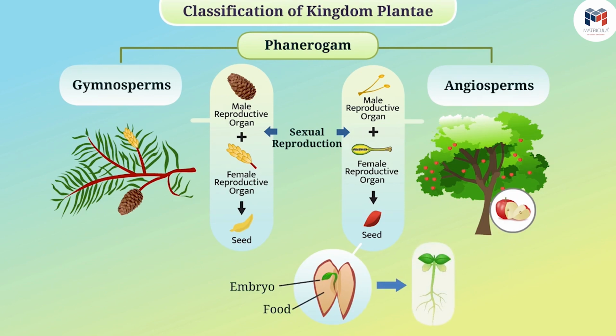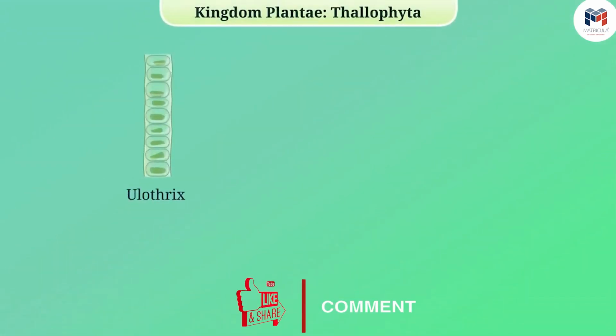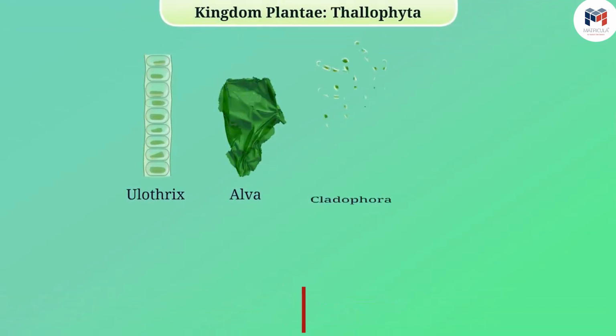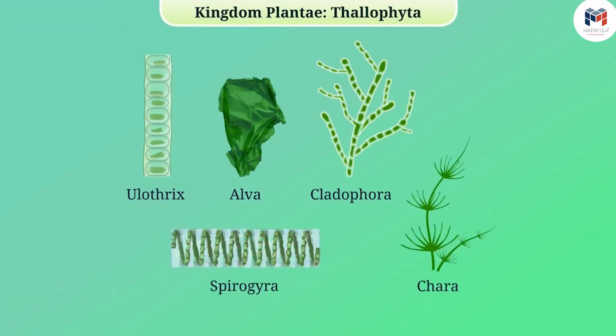Let's talk about Thallophyta in detail. Plants like Ulothrix, Ulva, Cladophora, Spirogyra, Chara, etc. are included in the class Thallophyta. Their size also varies.